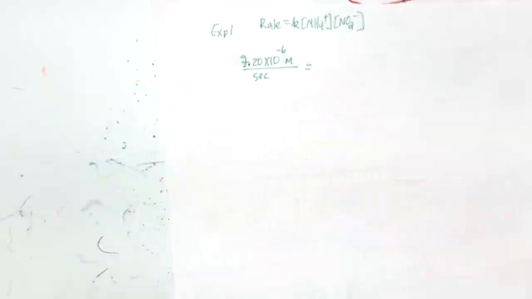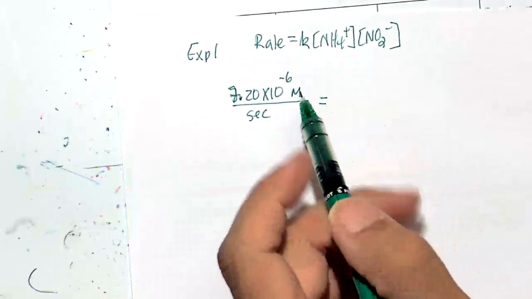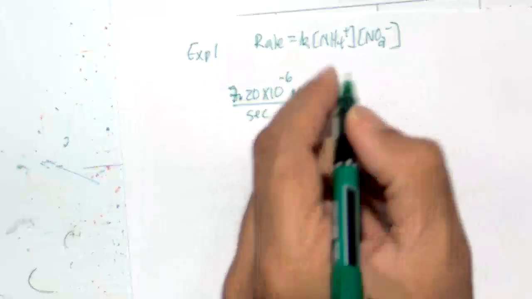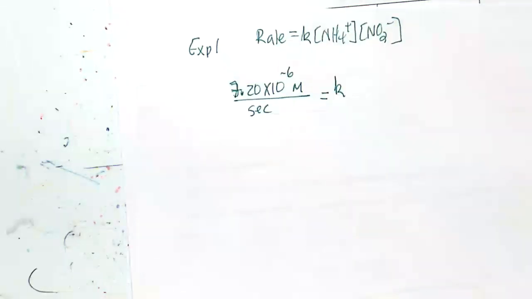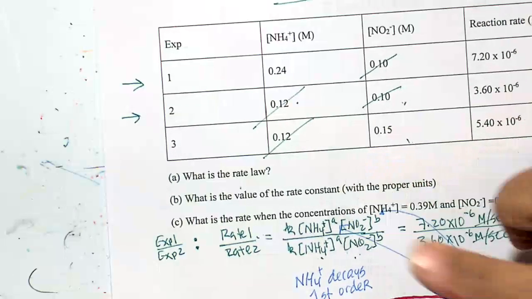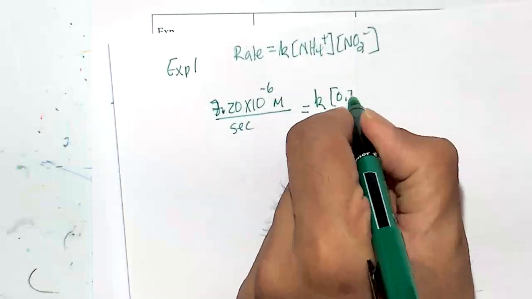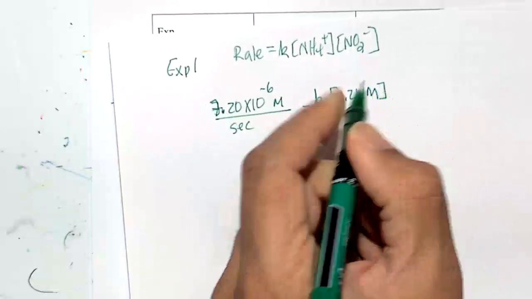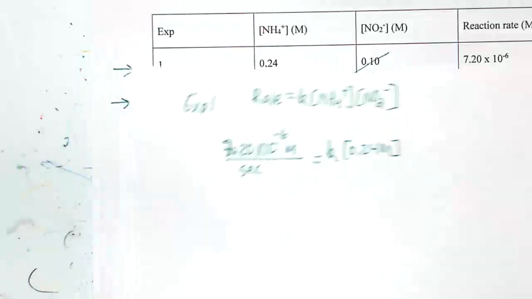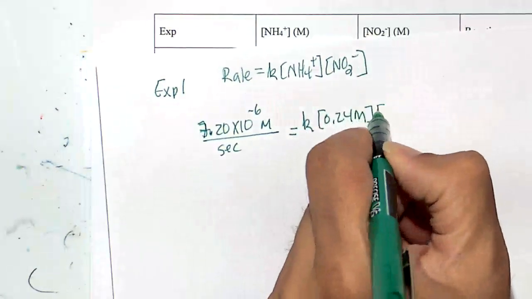So what is NH4 positive for experiment 1? It's going to be 0.24 M raised to the power of 1. And what's NO2 minus for experiment 1? It's 0.10 raised to the power of 1.